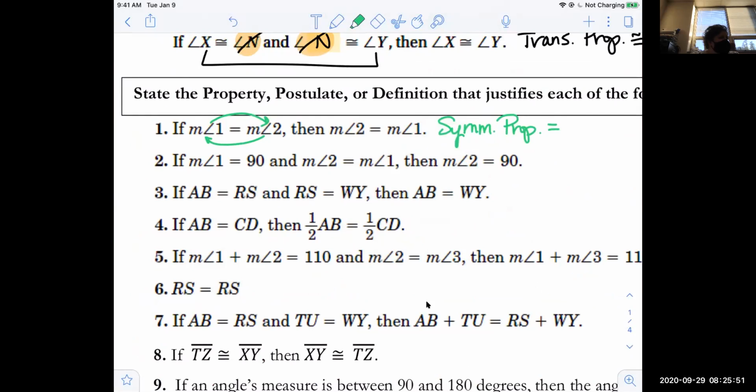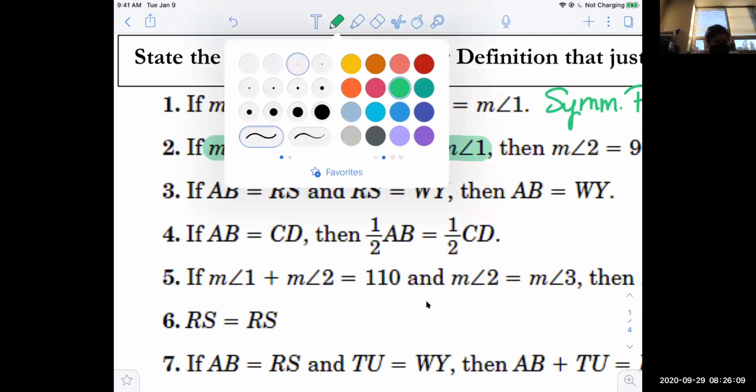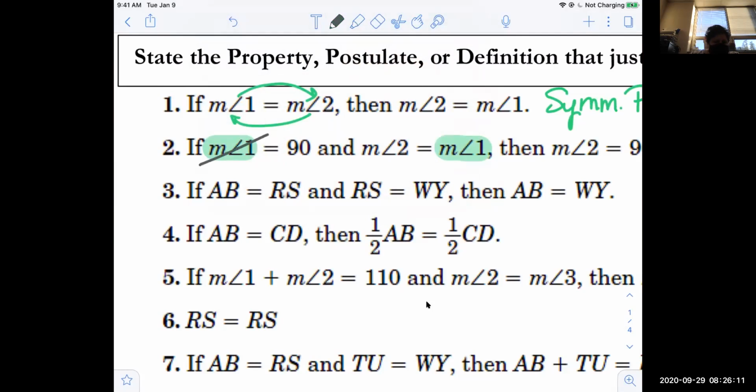Julia. Yeah, so it does not matter that this is in a little bit different format than it was up above. Measure of angle 1 is a whole entire side of the equation that's matching, right? So the whole side is getting wiped out and we're making those equal to each other.